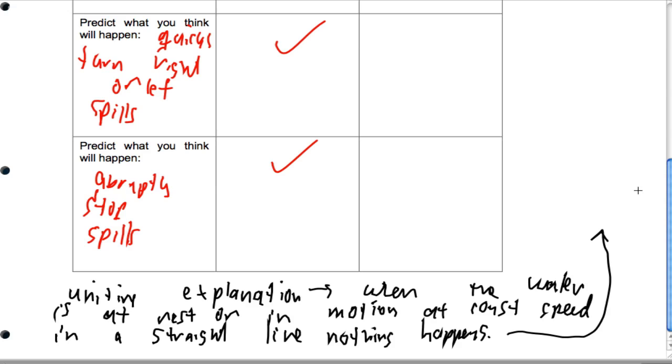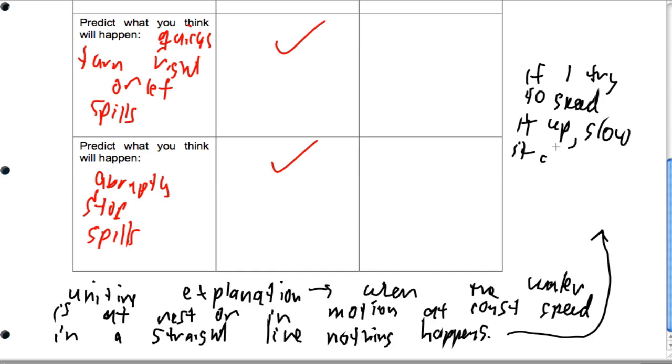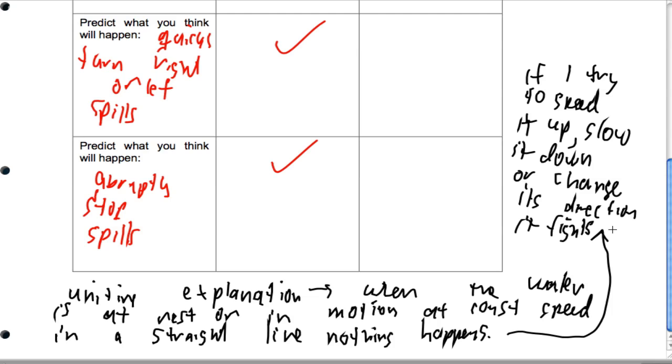And there's more. If I try to speed it up, slow it down, or change its direction, it fights. It fights me. It fights the change. Okay, so there we go.